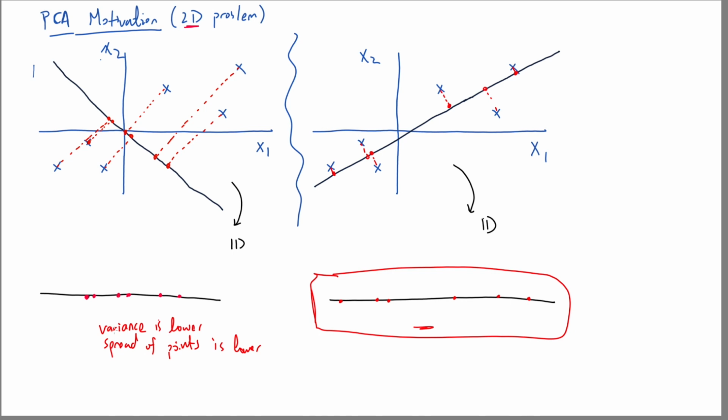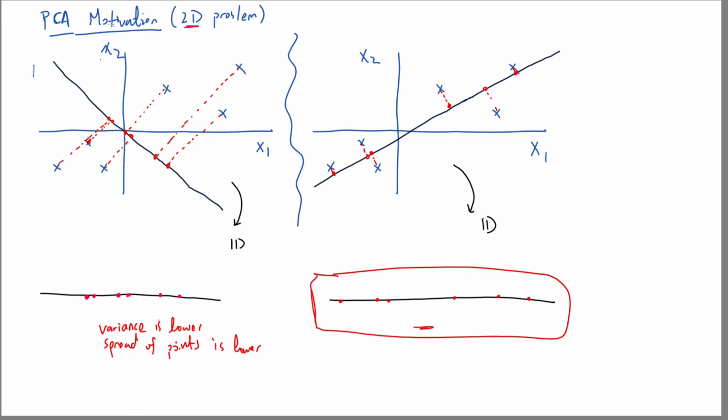Another way to see this is that if you're trying to pick features in your data set, let's say you have 10 features, features that have higher variance are more likely to let you distinguish between different examples and do a better job at prediction.